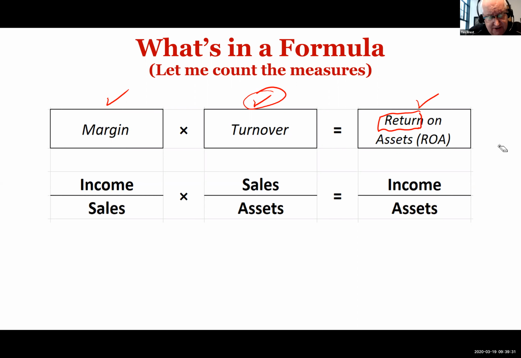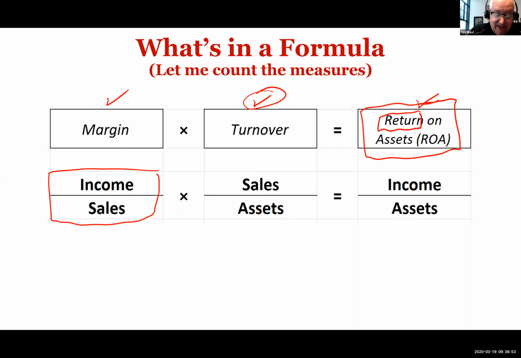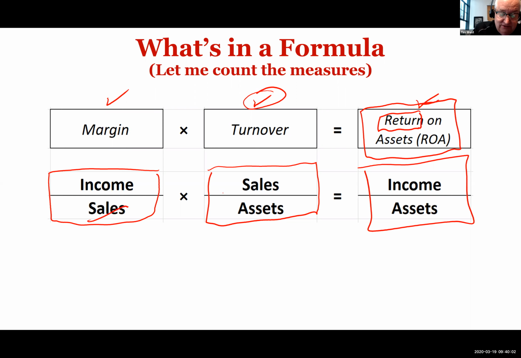So in this case, if we take margin times the turnover, that'll give us that measure you're talking about, right? It also allows us as managers to think about the underlying components. So when we look at this calculation, if our margin is this and our turnover is this, you can see that when we get over to this third one, the sales cancel.